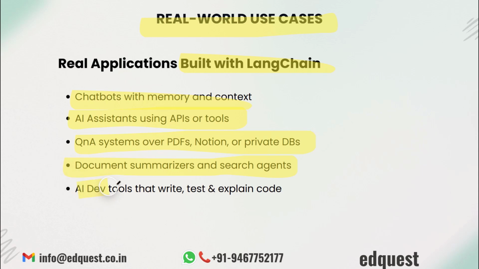AI dev tools. There are AI tools built with LangChain that can write code, test it, explain bugs, and even optimize your code base. It is like giving superpowers to developers. LangChain supports use cases where the LLM can access a repo, scan files, and work with a step-by-step plan.